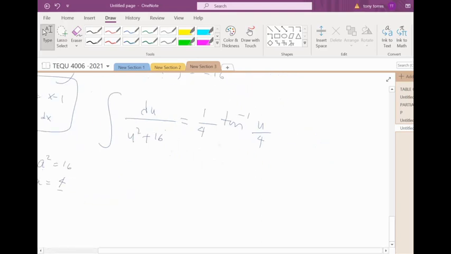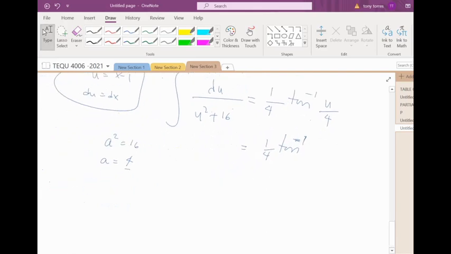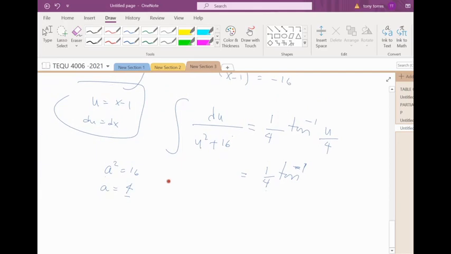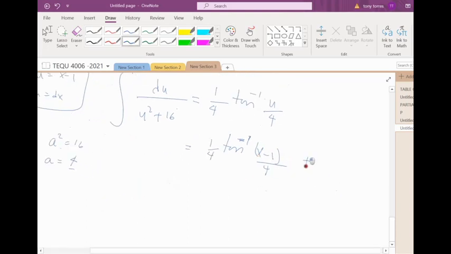I haven't finished yet, so it's 1 over 4 inverse tangent of u, but u is x minus 1, over 4 plus a constant.